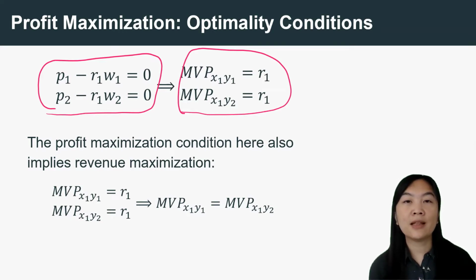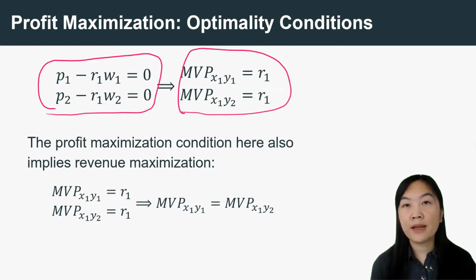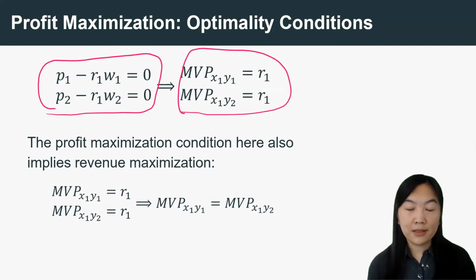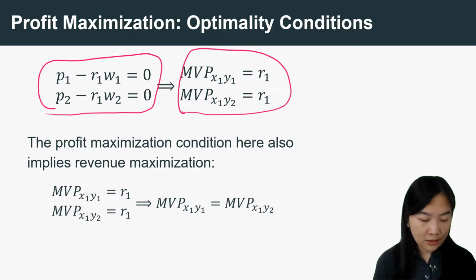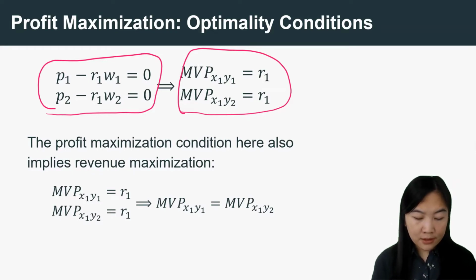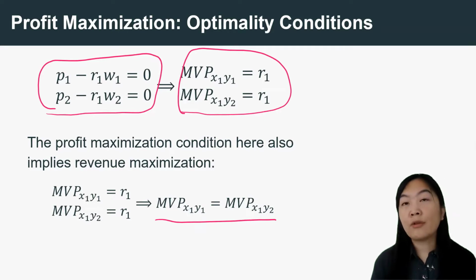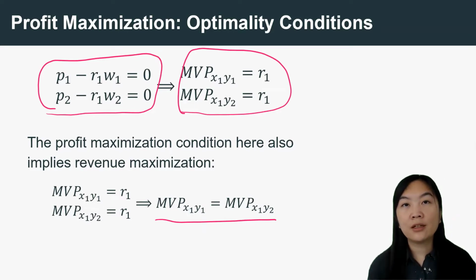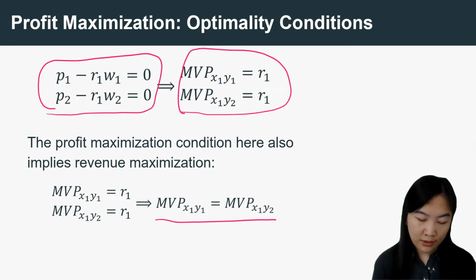It is analogous to the two input case where the profit maximization implies the cost minimization. So those two are, again, very similar. This is the revenue maximization condition. In order to maximize profit, you actually have to add one term here.